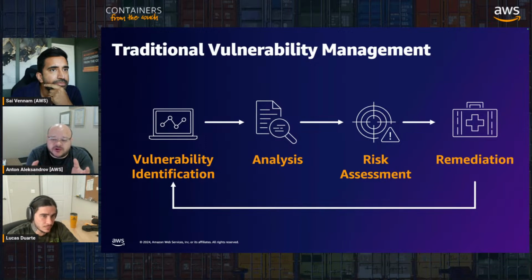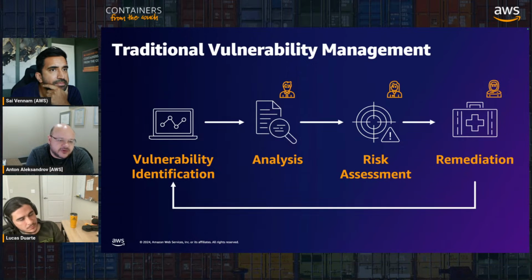But in order to actually complete the cycle, the remediation part, you need to understand who's responsible for each one of these. And you can see that at each one of these phases today, there's still human intervention required. So if you look at tools like Amazon Inspector, for example, that we'll be using today, it is awesome at scanning images that you put into ECR and providing you the report of what needs to be fixed.